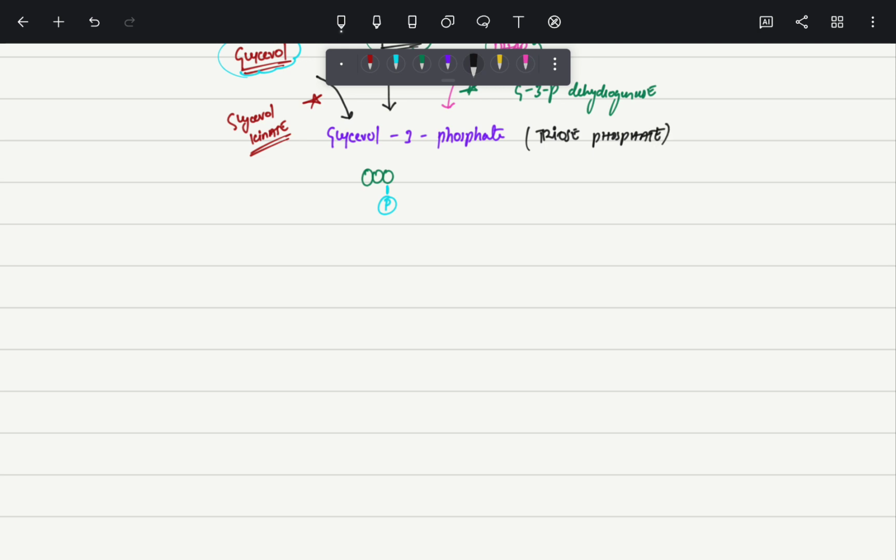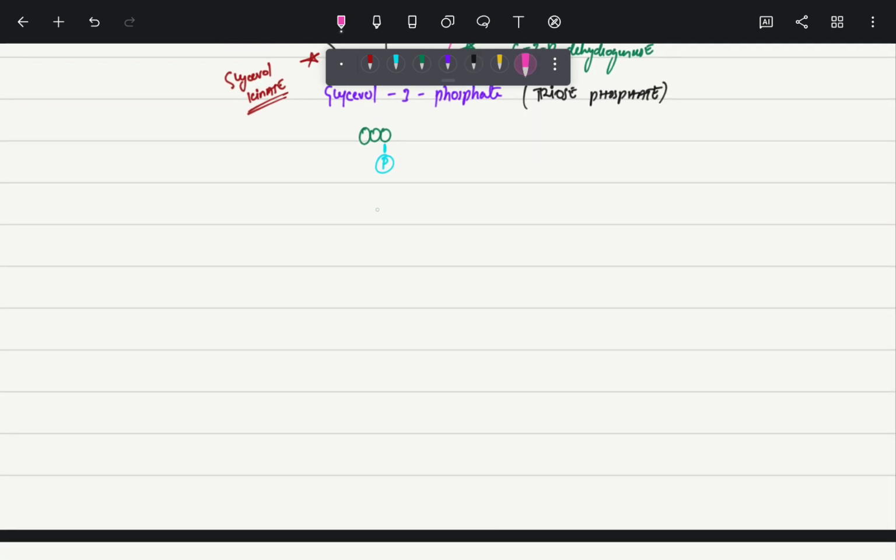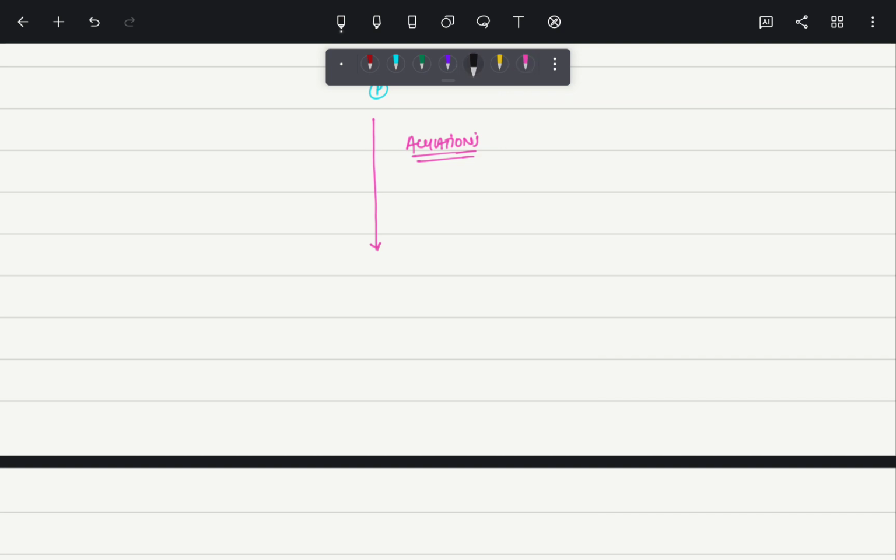From this triose phosphate we are going to do a series of acylations, and from this series of acylations we are going to form phosphatidate. From phosphatidate we are going to synthesize diacylglycerol and finally triacylglycerol.